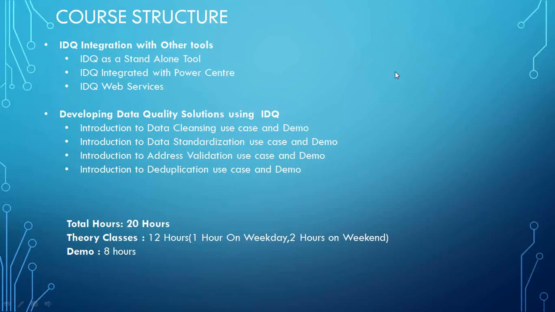They would say these are my data cleansing requirements, these are my data standardization requirements, these are my deduplication criteria, and this is how we should do the address validation. That is the reason I took four business use cases. But we would see how to achieve each requirement, probably using multiple transformations. We might have to use an expression, then a filter, then a router, then a joiner, and then a standardizer.